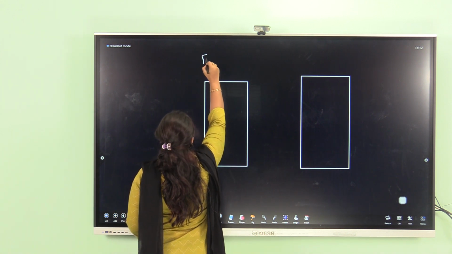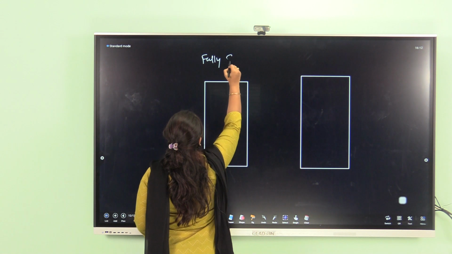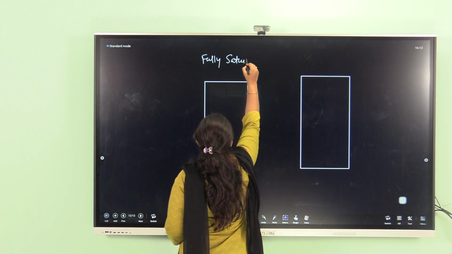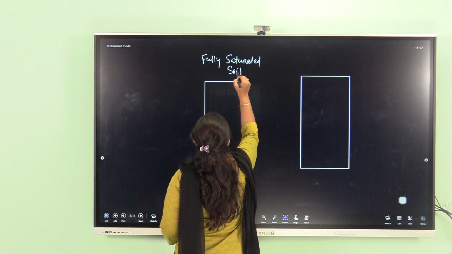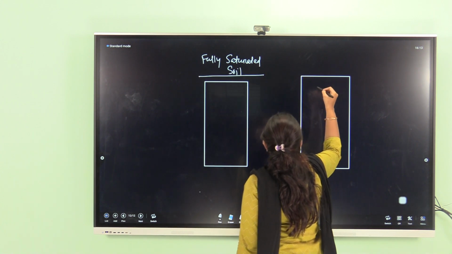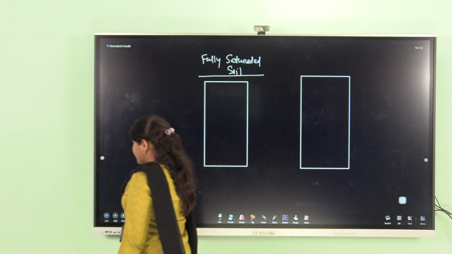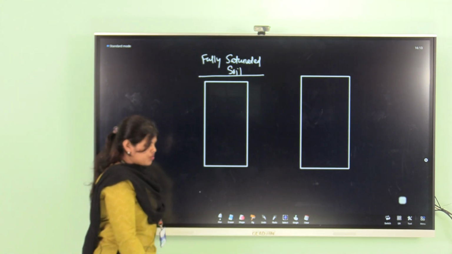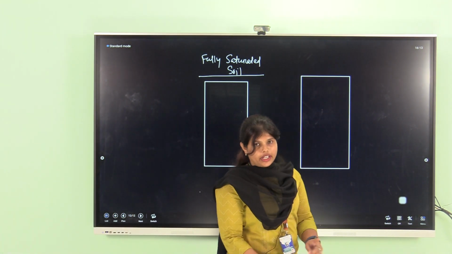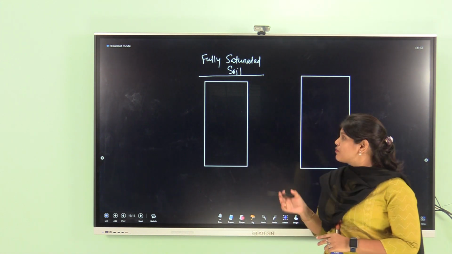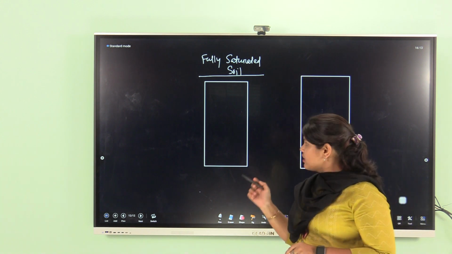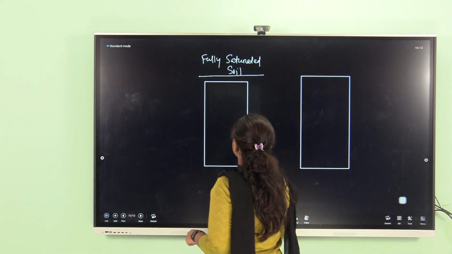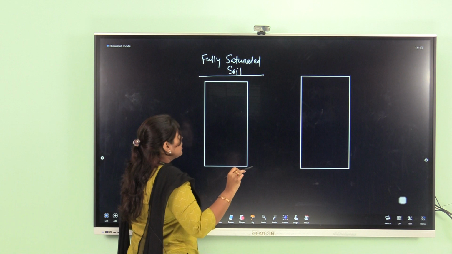For fully saturated soil, saturated means when soil is filled with water, all the voids present in soil are filled with water and there is no vacancy for air.